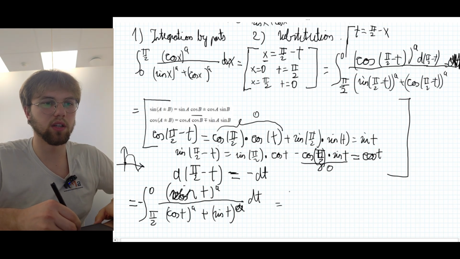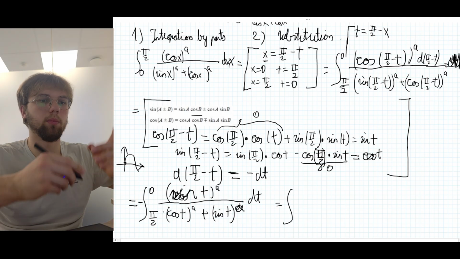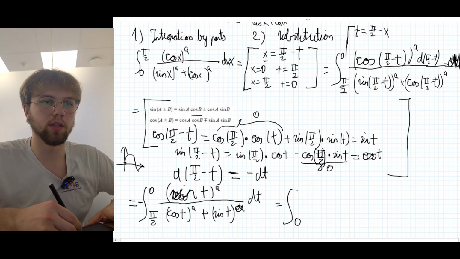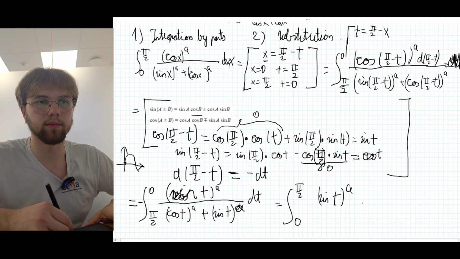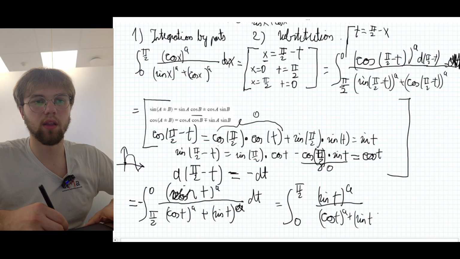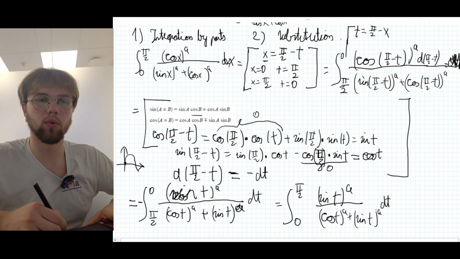So this is in fact just equal to, we change the sign and we swap around the boundaries. So this is 0 to pi over 2 of sine t a over cosine t a plus sine t a dt, right?